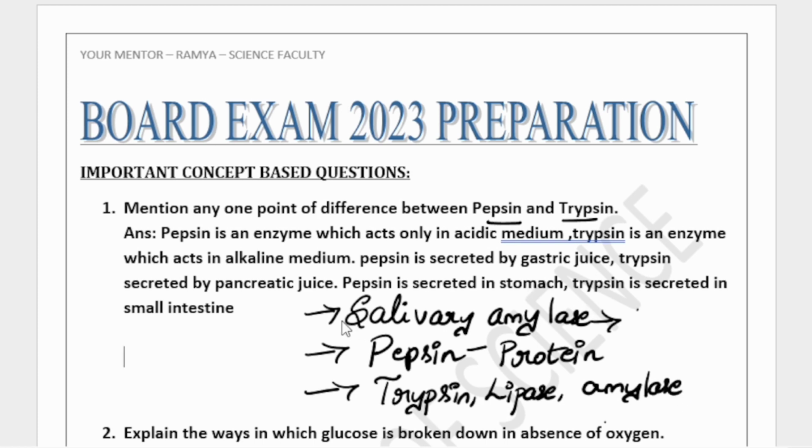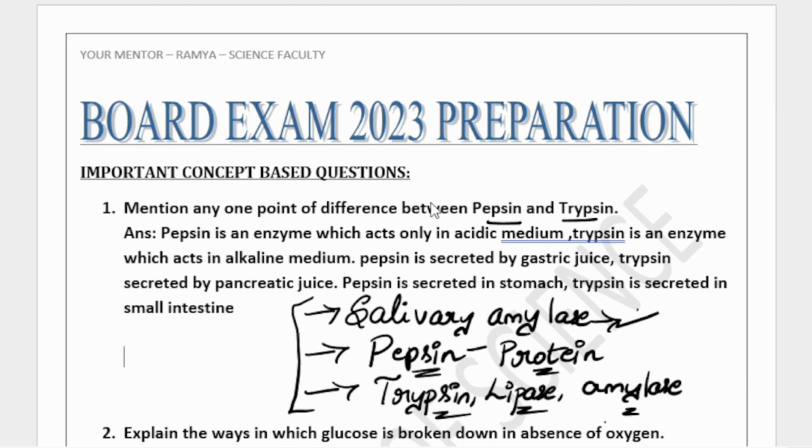Along with this question, you are also able to learn these new concepts, which are very important with respect to the examination. Saliva contains the salivary amylase enzyme, the stomach contains an enzyme called pepsin which helps in breaking down protein, and the pancreas contains pancreatic enzymes, namely trypsin, lipase and amylase.